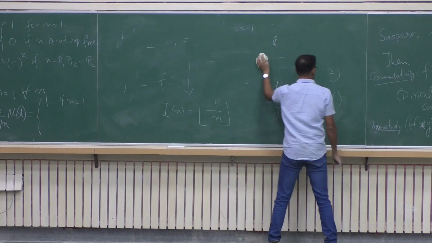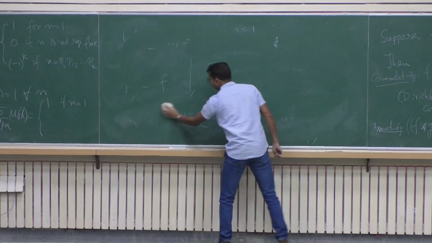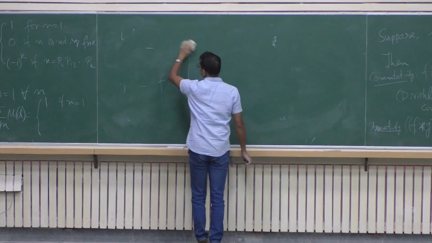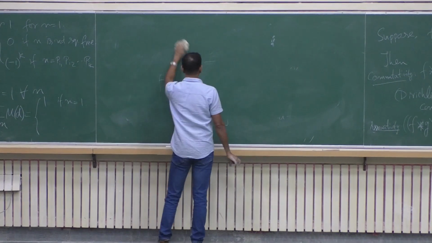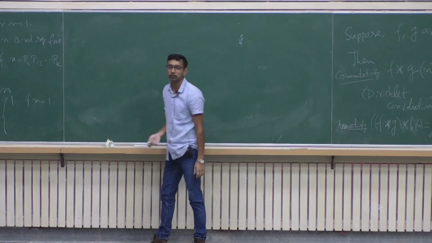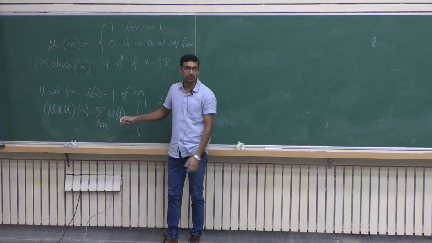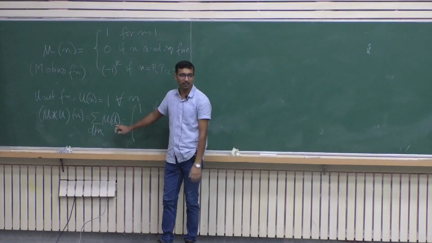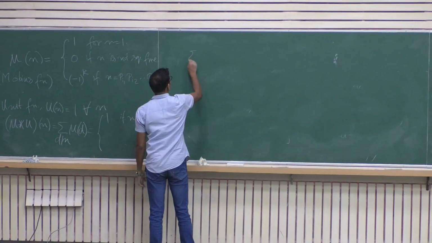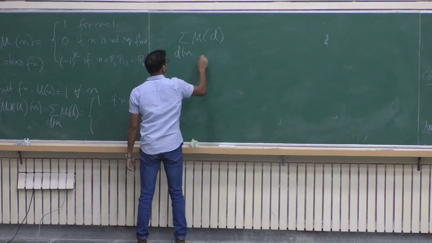Since mu is multiplicative, we can write mu of d as the product of mu distributed over the prime powers dividing d. And of course, if d is divisible by some square, then it is 0. So all you have to care about are the primes, as long as d is square free; we only have to work with that. So then the sum of mu of d over d dividing n, what will it become?